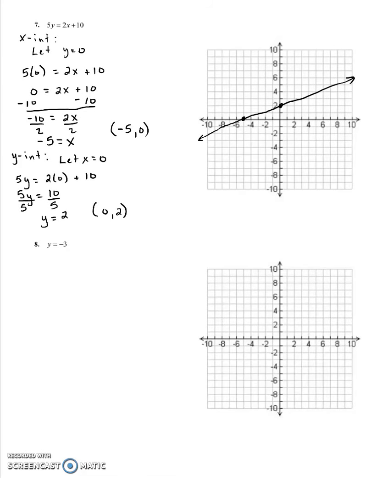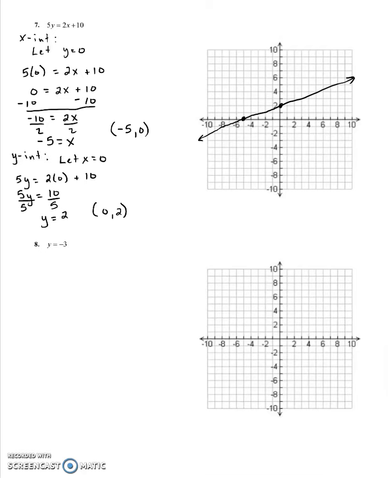Okay, y equals negative 3. Remember, this is one of our special cases. If we want to find the x-intercept, we would put 0 in for y, but that makes no sense because we would have 0 equals negative 3.